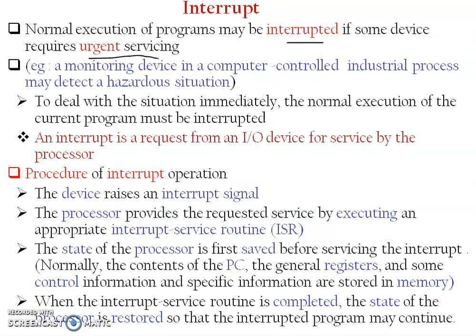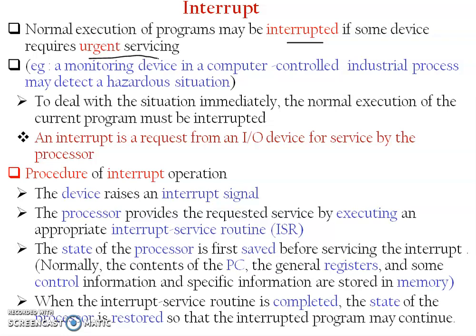That is, in between, any urgent operation needs to be performed by the system, or some input is required from the user, which means an interrupt occurs. It can be a hardware interrupt or a software interrupt. Some more detailed information regarding interrupts will be handled in the upcoming modules.